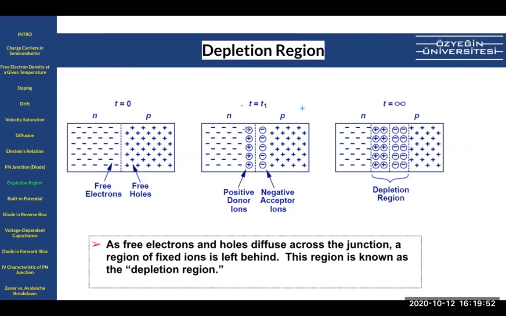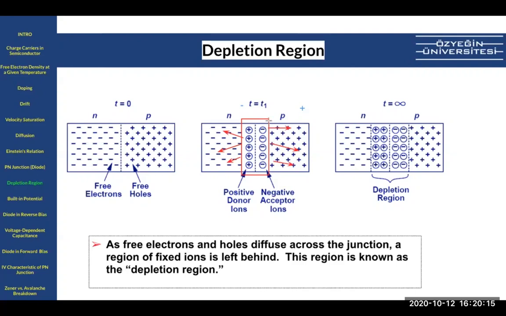Depletion region means there are no holes or electrons, but only ions. So electrons start to leave this way, and holes start to leave the other way. The electrons in this region go away, and holes in this region go away.